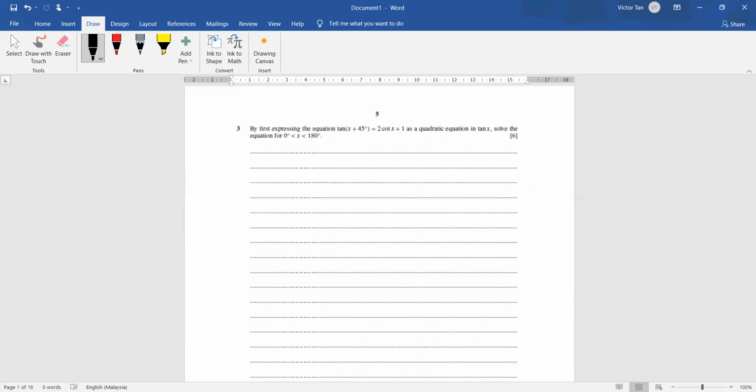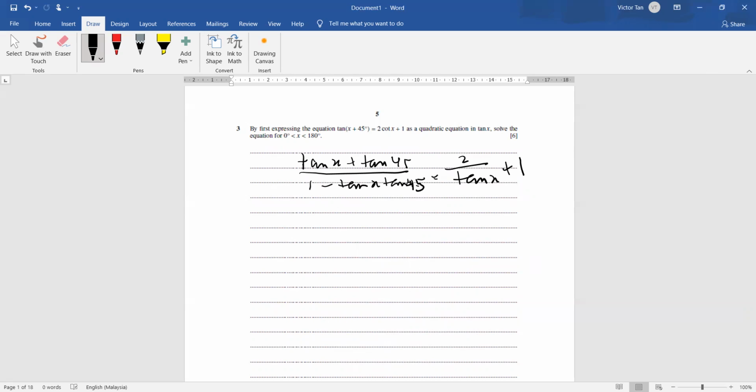So using the compound formula for tangent of a plus b, you get tan x plus tan 45 over 1 minus tan x tan 45 equals 2 over tan x.